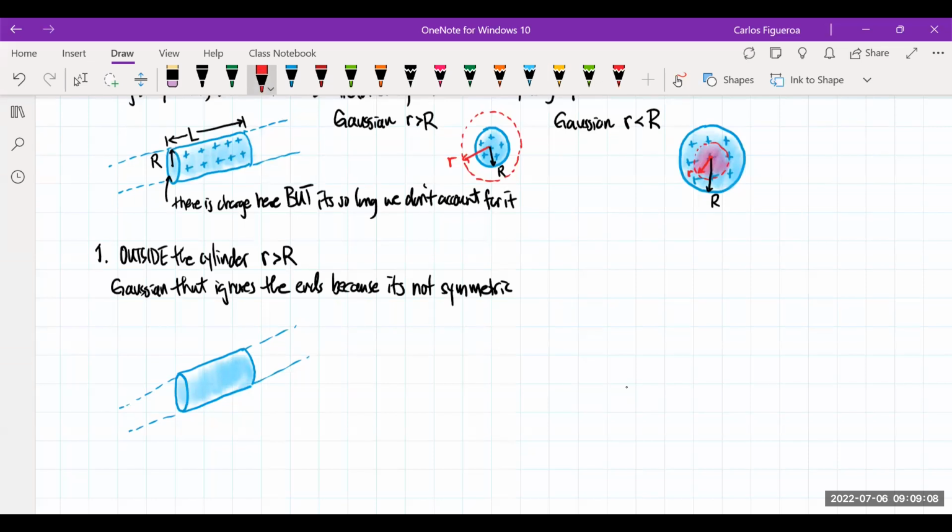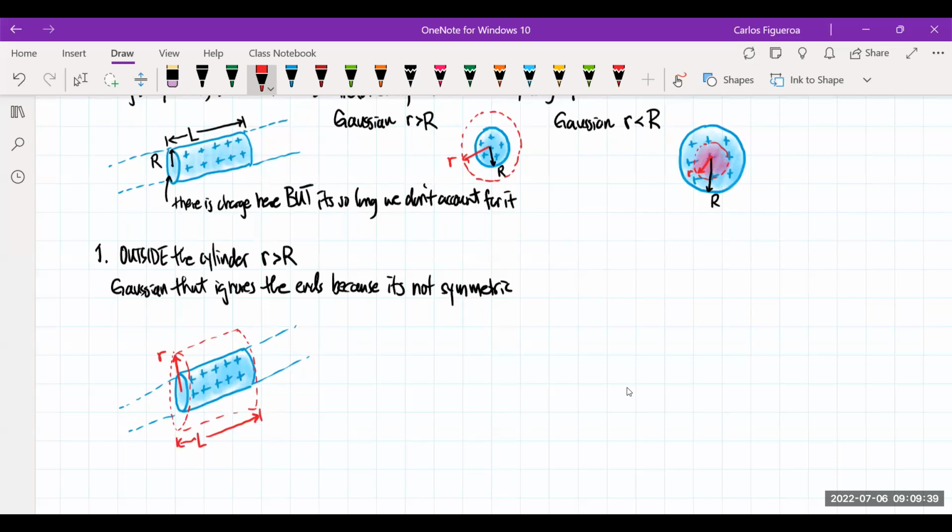So now this guy has enclosed charge. So now here I come with my Gaussian. So my Gaussian then, it's going to look like this. And so you're seeing here is that this guy has a radius r, and this one has a length L.